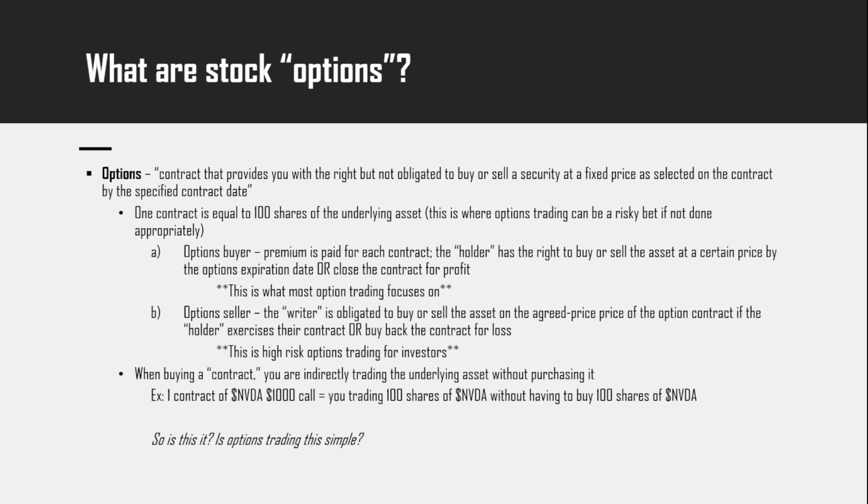So if you have the capital to buy 100 shares of Nvidia, you're automatically up $100 per share for those 100 shares. Pretty much, you don't have to exercise that, right?